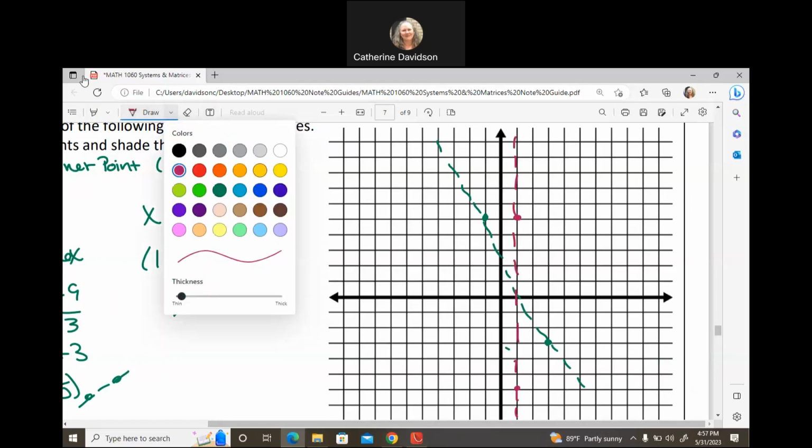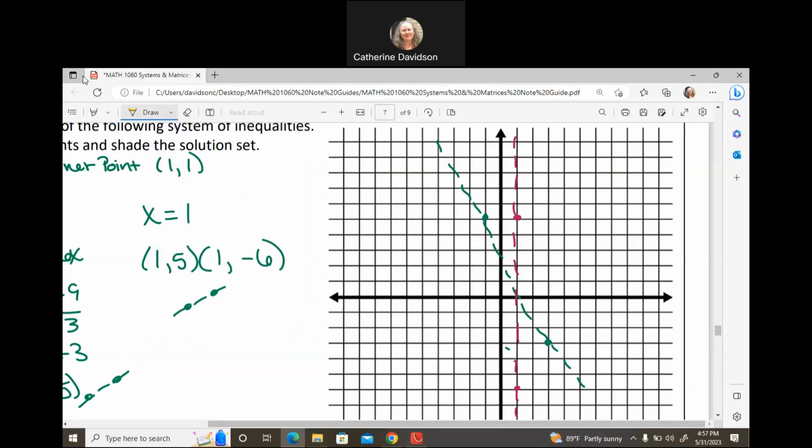So again, we're going to have 4 different areas that we could possibly shade here, here, here, or here. Again, I always like to start with 0, 0 and see what's going on right there. So that would have to make both of the inequalities true if I plug a 0 in.